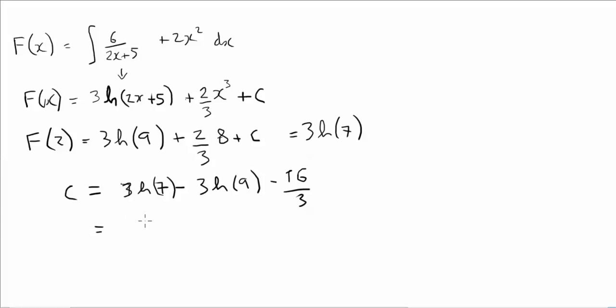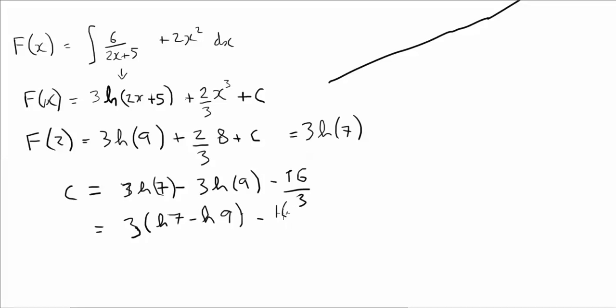I'm going to factorise this. We get 3 times ln 7 minus ln 9, minus 16 over 3. Have I missed something? What is that? 16 over 3.